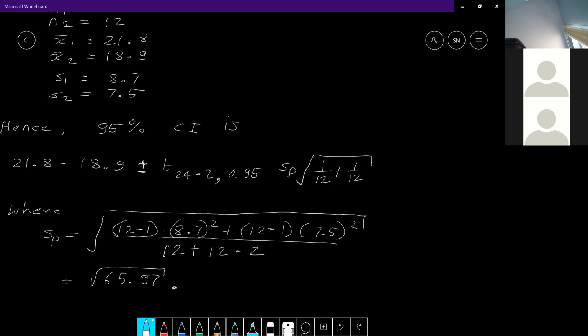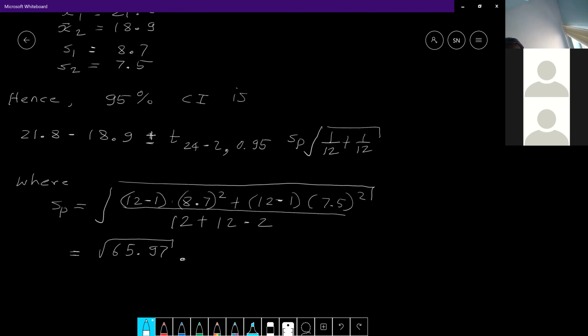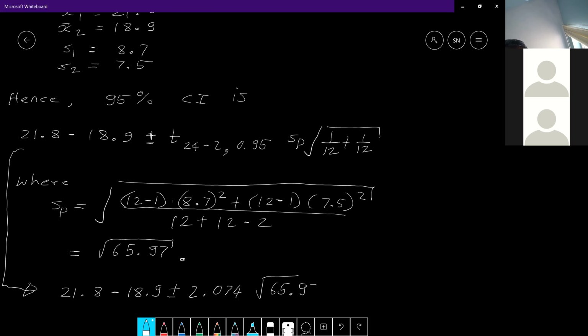So now you should sub this back in. It will become 21.8 minus 18.9 plus or minus the percentile from the t table, which I gave you a long time ago before the Easter break. If you read it, you will see it is 2.074. Sp is the square root of 65.97, and then you have the square root of 1/6.